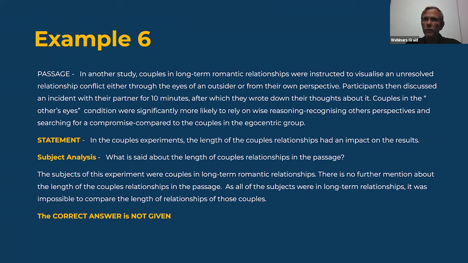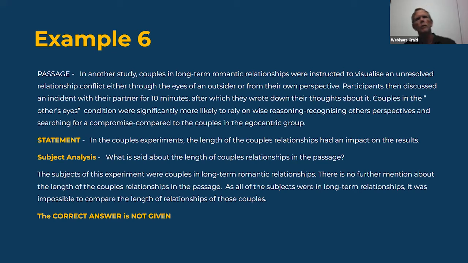Participants then discussed an incident with their partner for 10 minutes, after which they wrote down their thoughts about it. Now, couples in the other's eyes condition were significantly more likely to rely on wise reasoning, recognizing others' perspectives, and searching for a compromise, compared to the couples in the egocentric group. That's quite a long passage there.